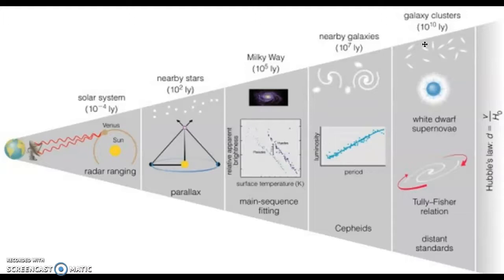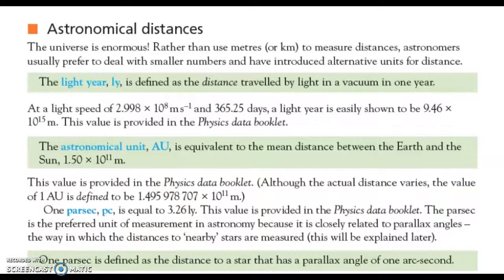Okay, so what we're going to look at first is just some basic issues of distance measurement using something called parallax. Now, the three main units that are used for distance are the light year. Right, now this is an interesting one. It's defined as the distance traveled by light in a vacuum in 1 year.